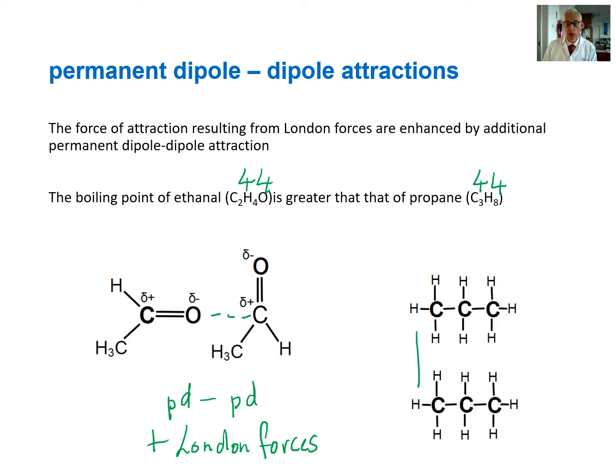However, between the molecules of propane, we have only London forces. So it follows that the intermolecular forces in total between ethanol molecules are greater than occur between propane molecules, hence more energy needed to break them, hence ethanol has a higher boiling point.